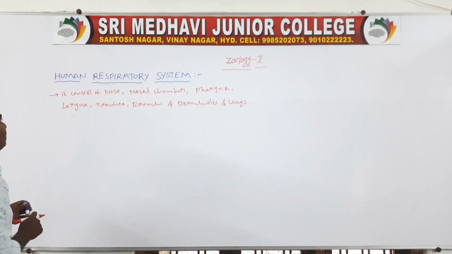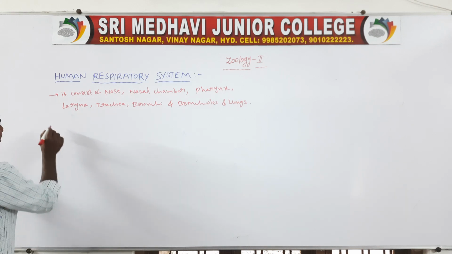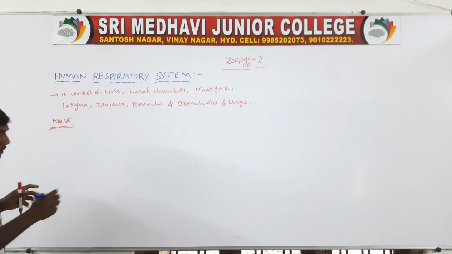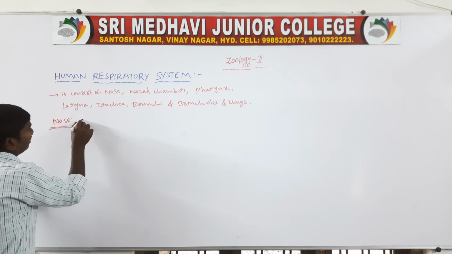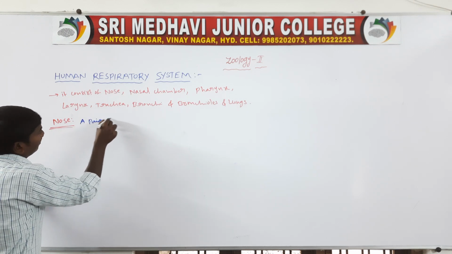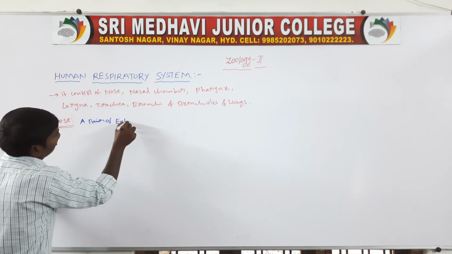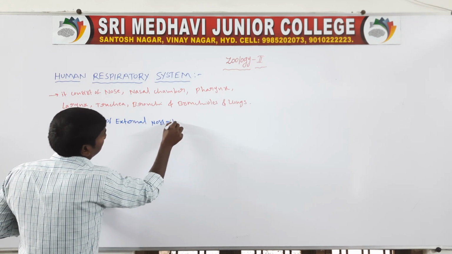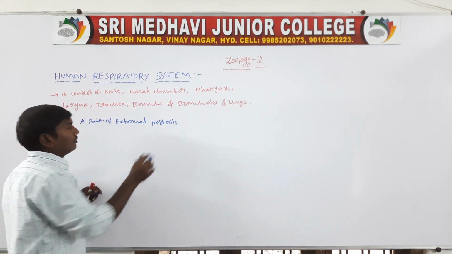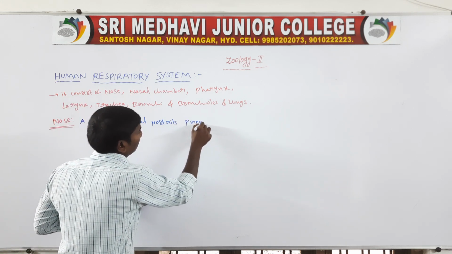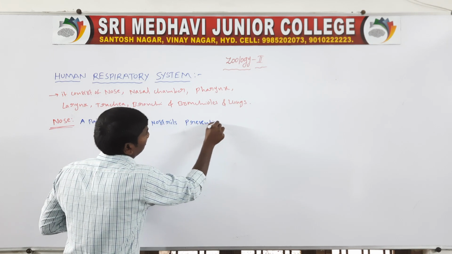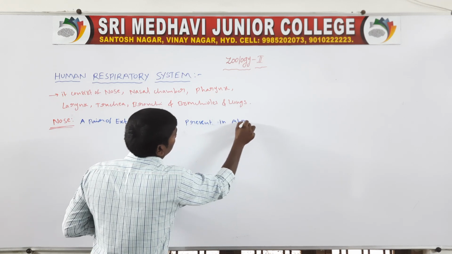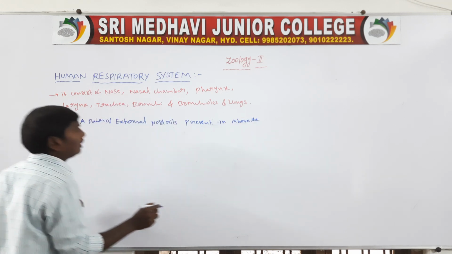Next, the first heading: nose. Human beings have a pair of external nostrils, present above the upper lip.